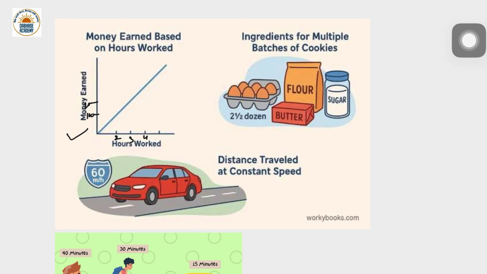As the number of hours the person works increases, the number of rupees also increases, right? 5 hours, 400 rupees. And the graph is like this. It's increasing, okay? This is a direct relation. If one amount increases and the other amount also in turn increases because of the first amount, then we say that it is a direct relation.